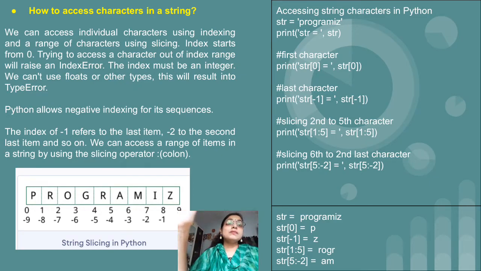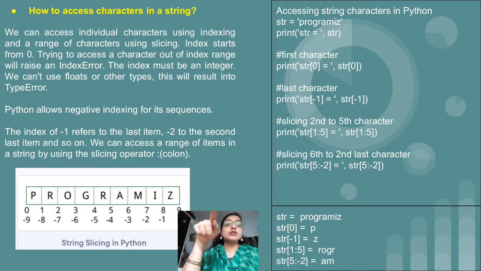If you want to display the characters from 2nd to 5th, okay, so 2nd to 5th we want to display the characters. So 2nd to 5th means the characters R O G R. Now here 2nd to 5th character means we will start with index 1, because normal indexing starts with 0.